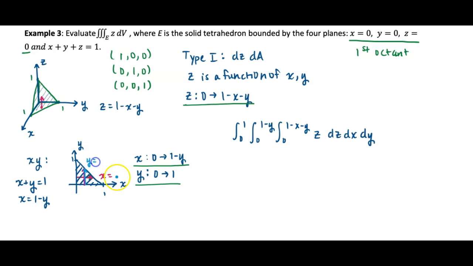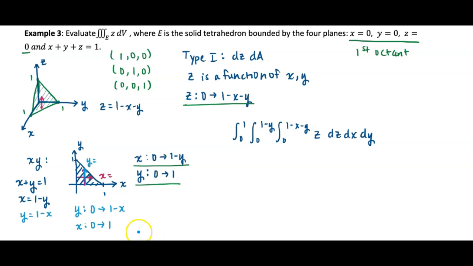Y would be a function of x. Then my y bounds would go from 0 to, now I could also rewrite this equation as y equals 1 minus x. So my y would go from 0 to 1 minus x. Then my x would just go from 0 to 1.